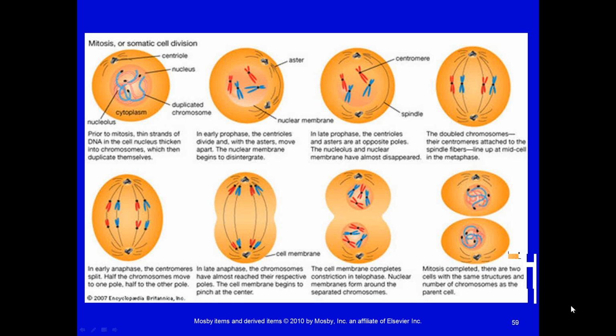Paracrine signaling is where one cell sends a chemical message to surrounding cells. Autocrine signaling is where one cell sends a message to itself. Juxtacrine signaling is where a cell sends a message to the cell immediately adjacent to it. And synaptic signaling occurs across the synapse, and that's the signaling we see in response to neurotransmitters.